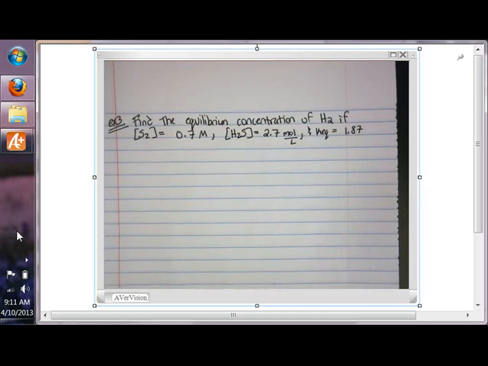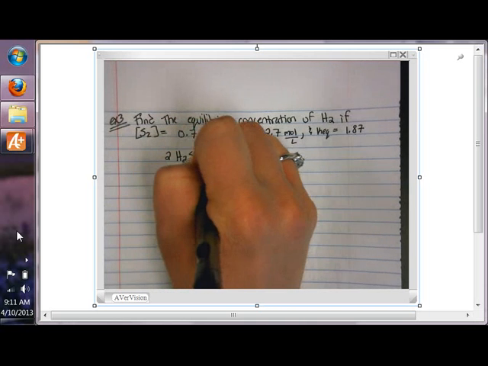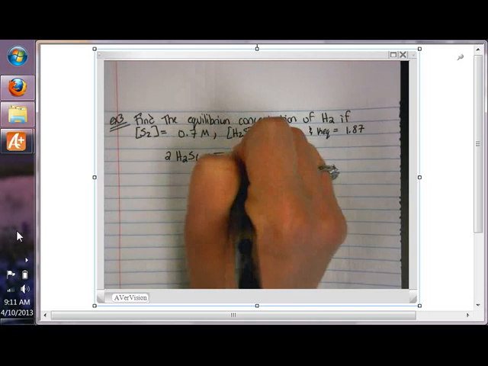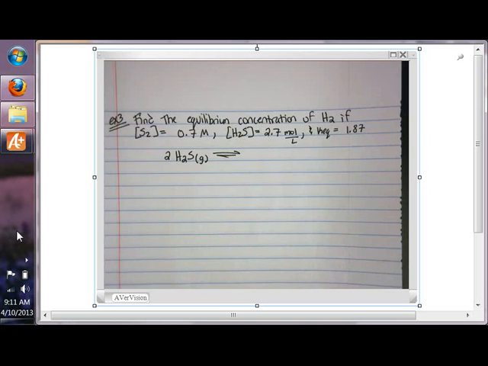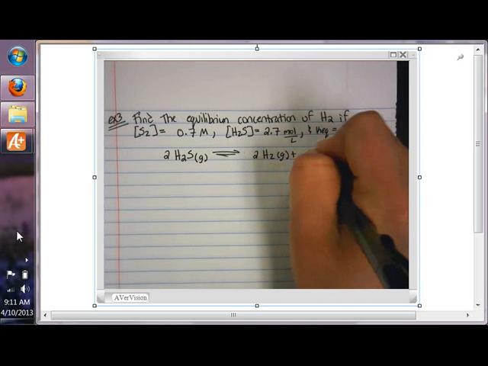And our formula is going to be 2H2S gas, equilibrium arrow, 2H2 gas plus S2 gas.